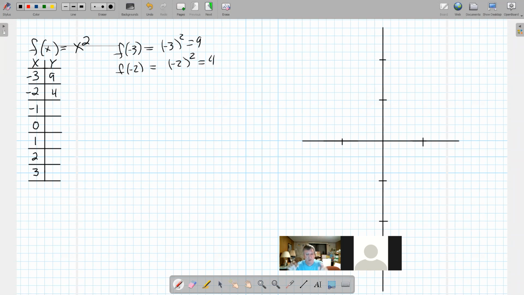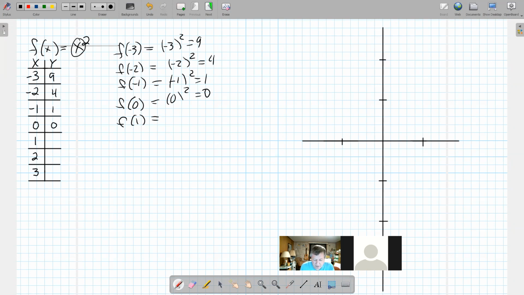Notice I'm squaring the whole thing, including the negative, because this says x squared, the whole thing, okay? If x is -1, f of -1 equals -1 the quantity squared, which is 1. If x is 0, f of 0 equals 0 the quantity squared, which is 0.